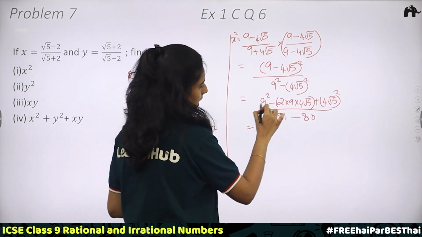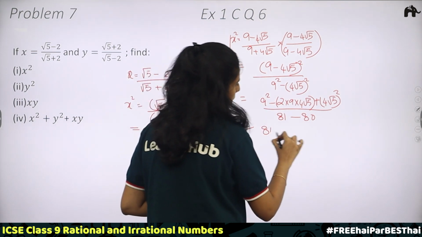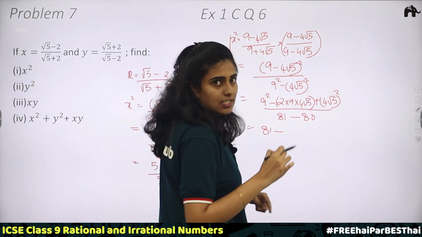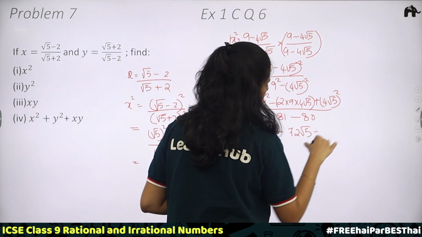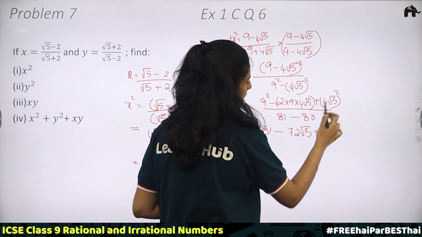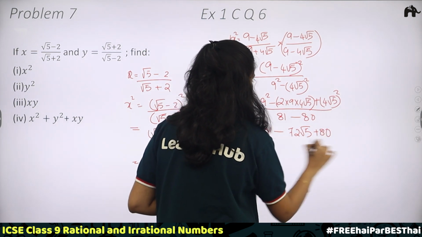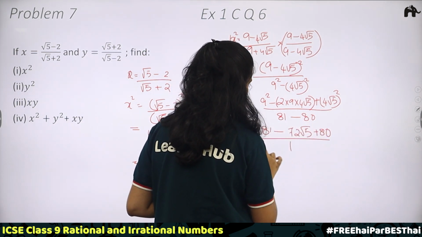That is 81 minus 2 into 9 is 18, 18 into 4 is 72, 72 root 5, plus again 80, divided by 81 minus 80, which is equal to 1.